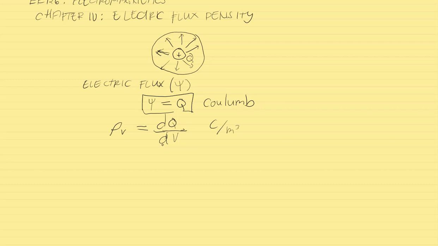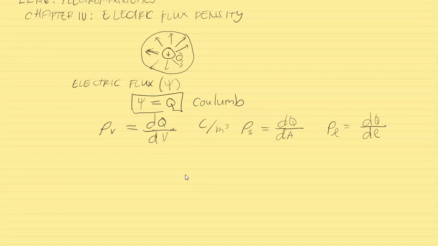We also have other types. For the surface area, we have dq over dA, and for a straight line, the line charge density, dq over dl. How do we solve for dV, dA, and dl?